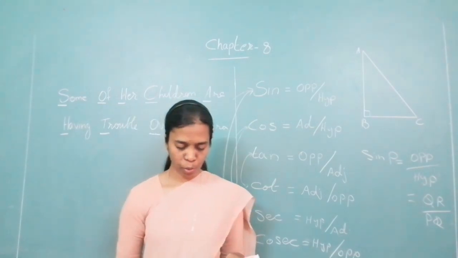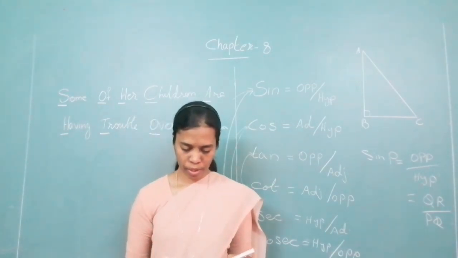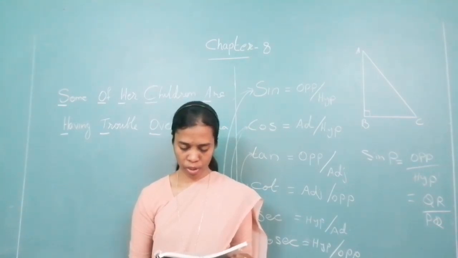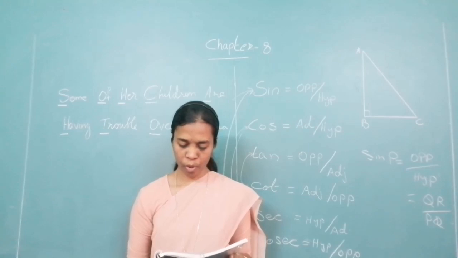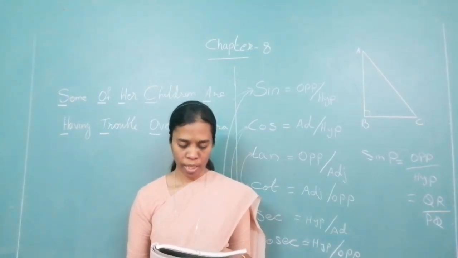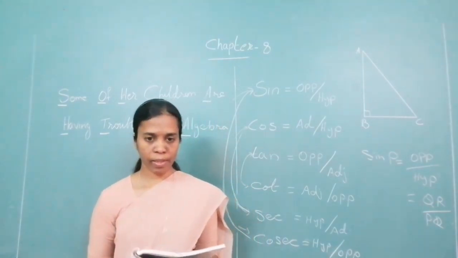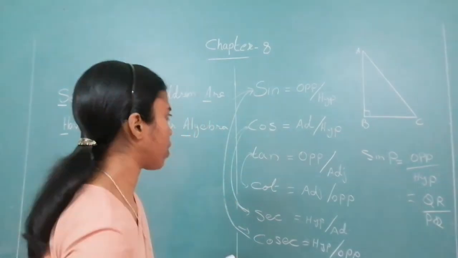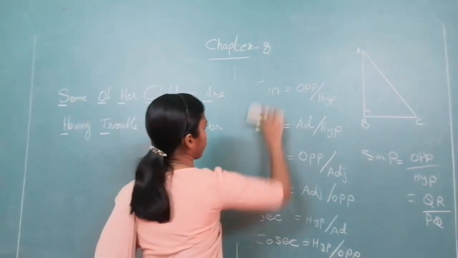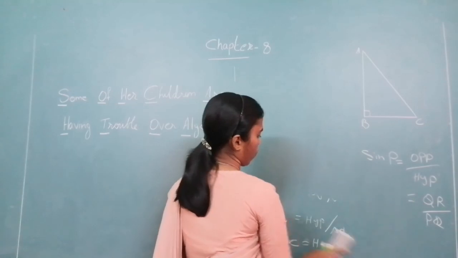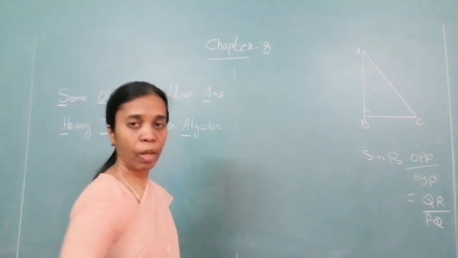The question number 2. In the right angle triangle XYZ, angle Y is equal to 90 degrees, and a, b, c are the lengths of the sides given. Write the following ratios. Now, sine X. You are asked to write sine X. So how do you write it?